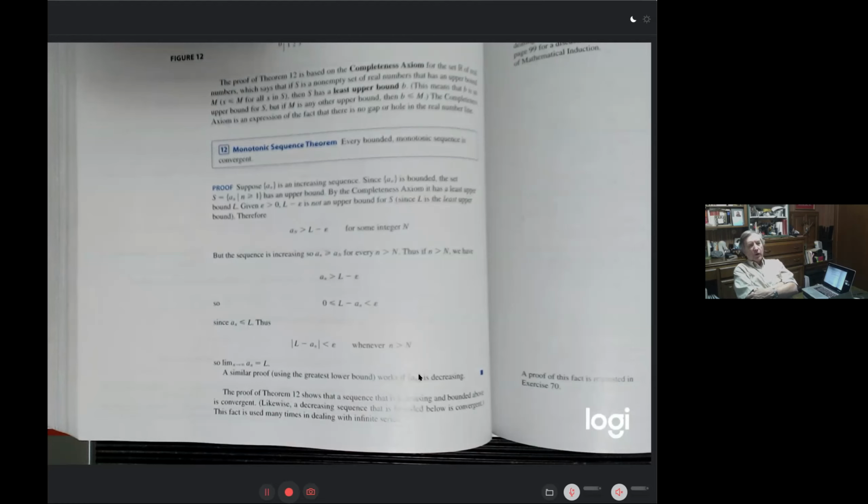what if I look for the set of all positive numbers whose square is less than 2? That's the square root of 2.